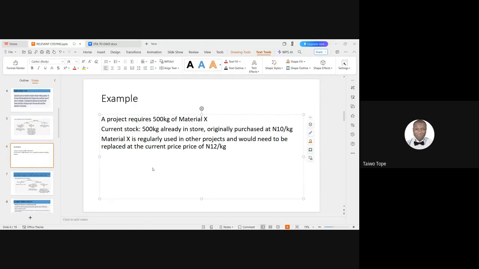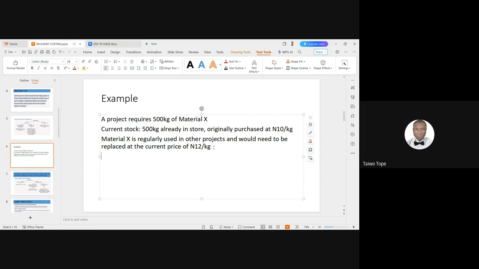All right, sorry about that. I just had to tend to that. So material X is regularly used in other projects and will need to be replaced at the current price of 12 naira per kg.